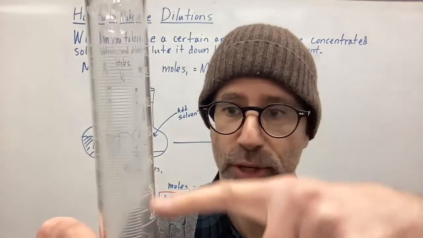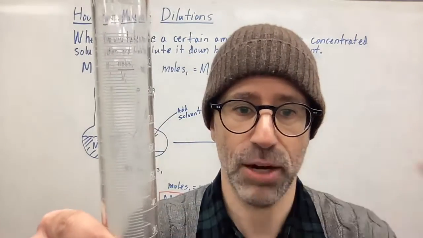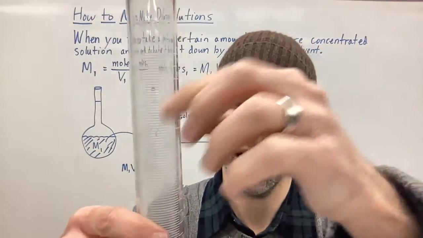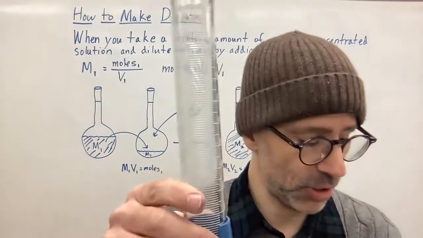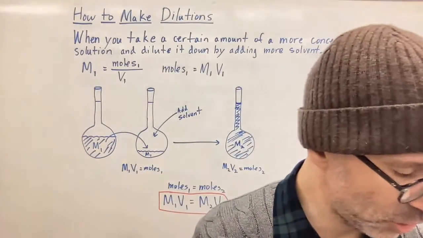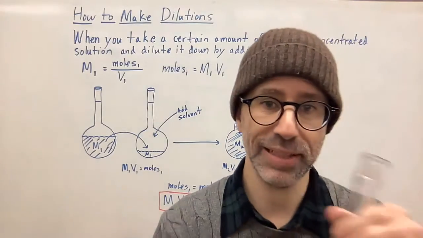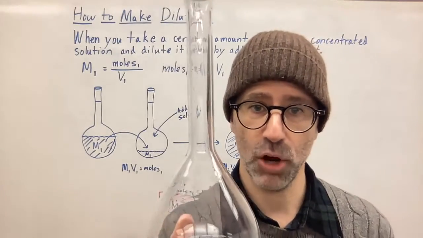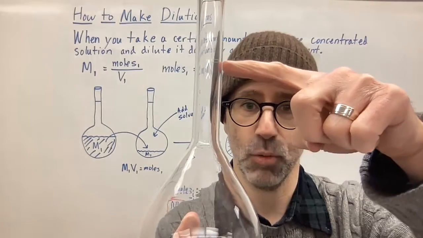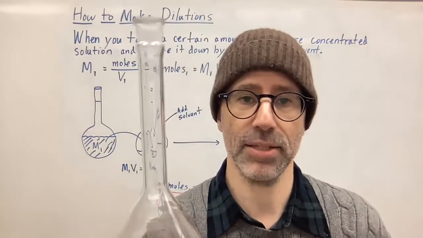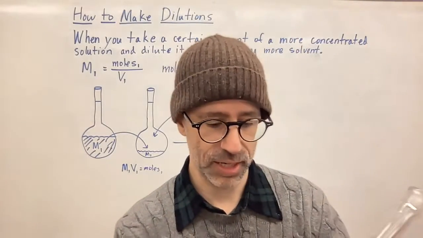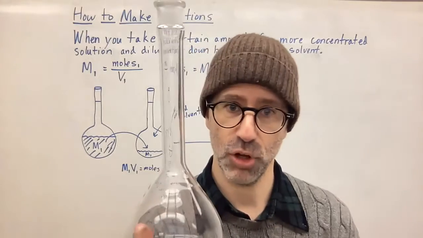So you can measure any amount of volume within like 100 milliliters. This is a 100 milliliter graduated cylinder. But again, something like this only measures one volume because it only has that one line that demarcates that volume. So this again is a 500 milliliter volumetric flask.